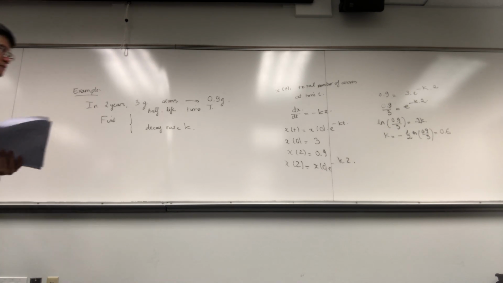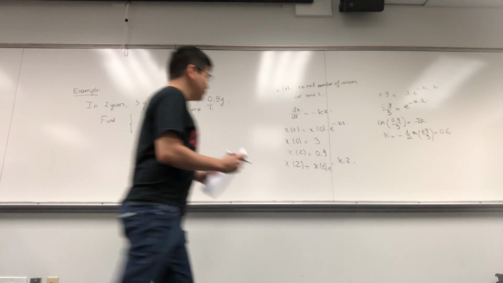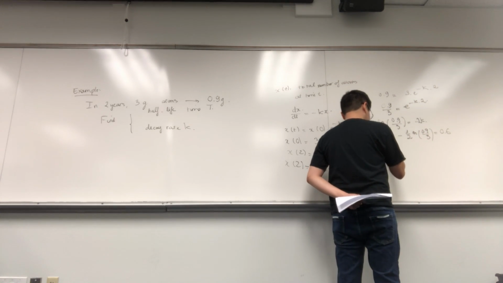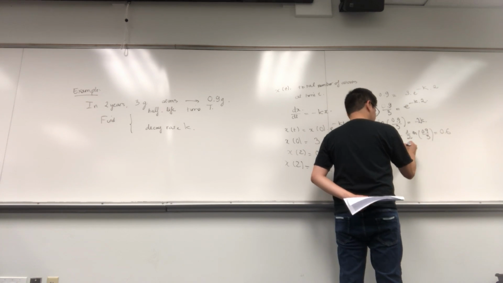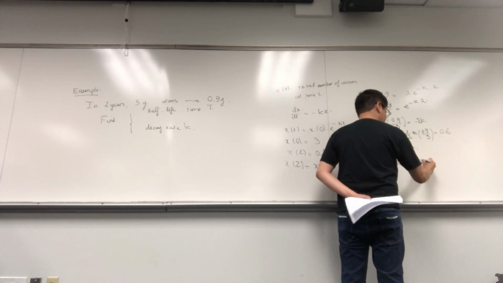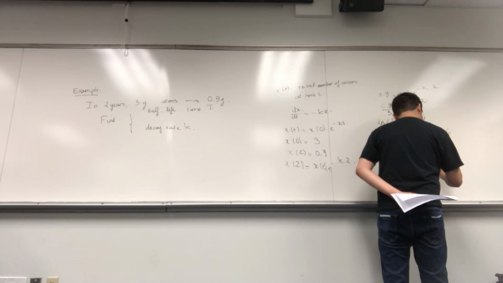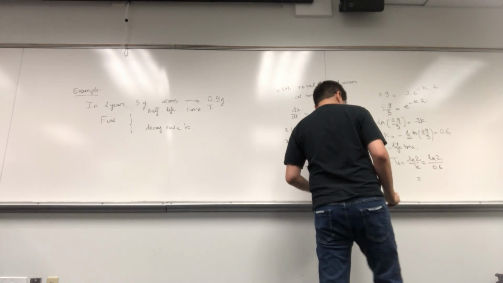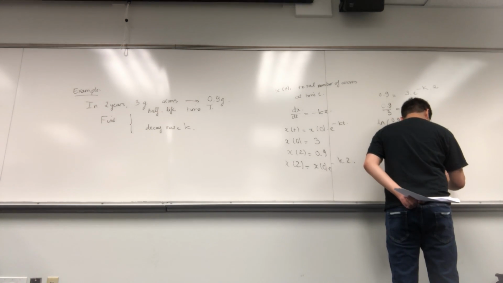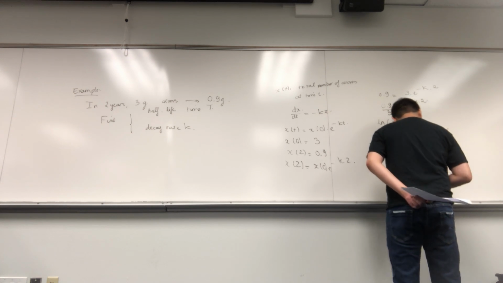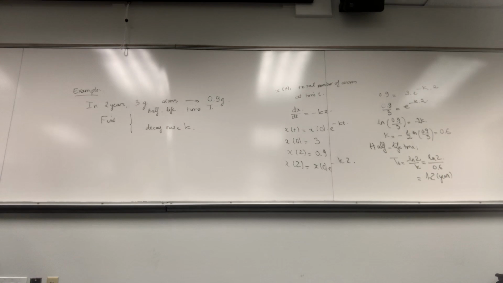So the half-life time T0 is log 2 over k, and this is log 2 over 0.6, and this is 1.2 years. We can use the formula that we had last time, which is log 2 over k. Questions? Is it clear?